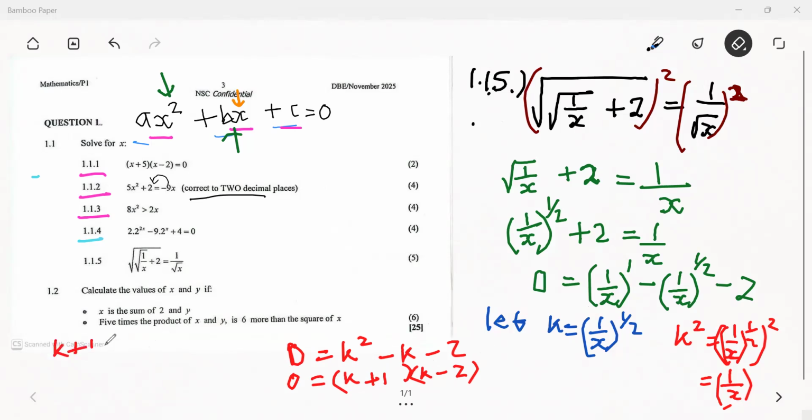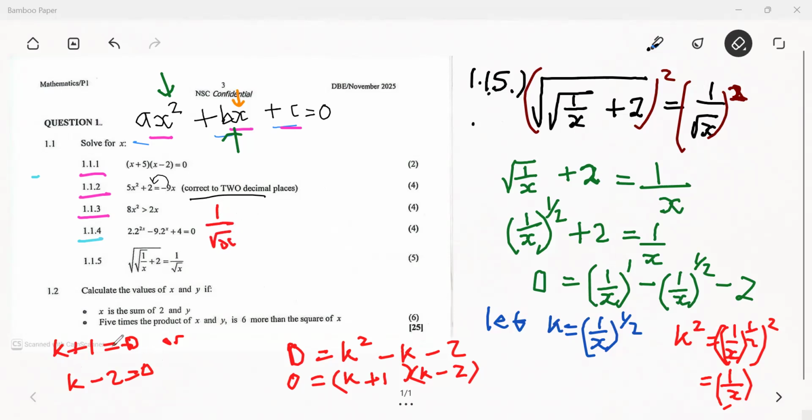Two brackets equal to 0, so set each bracket equal to 0. So k plus 1 is 0, or k minus 2 is 0. Remember what k is. I'm just going to finish it here because it's quite long. Remember k is the square root of 1 over x, which is the same as saying 1 over square root x.